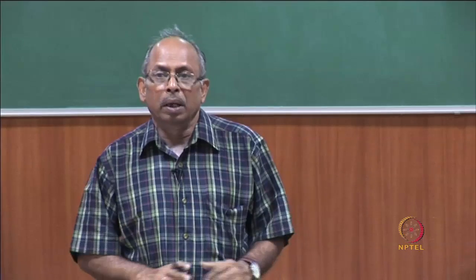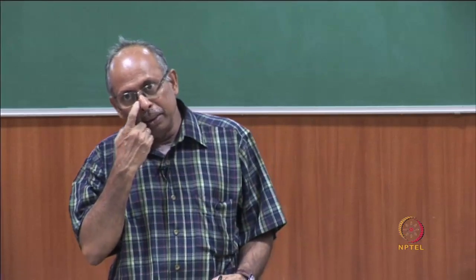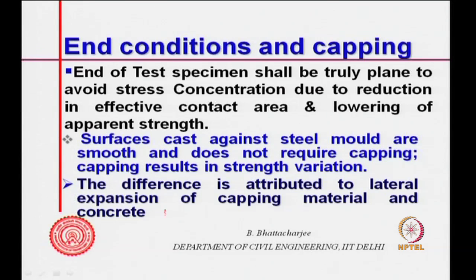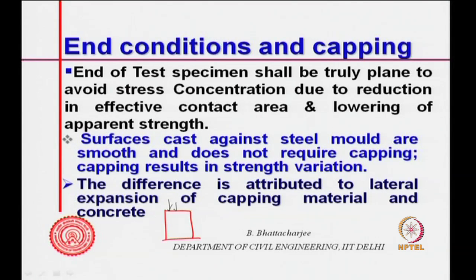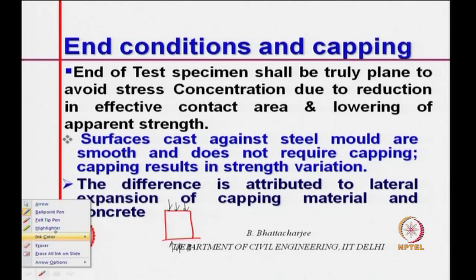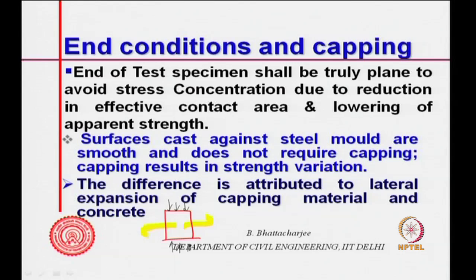When you are applying load like this, the material here would be actually expanding. So, if you put a capping material here, this will also expand and concrete will also expand. So, it is related to this sort of expansion of the capping material and concrete.